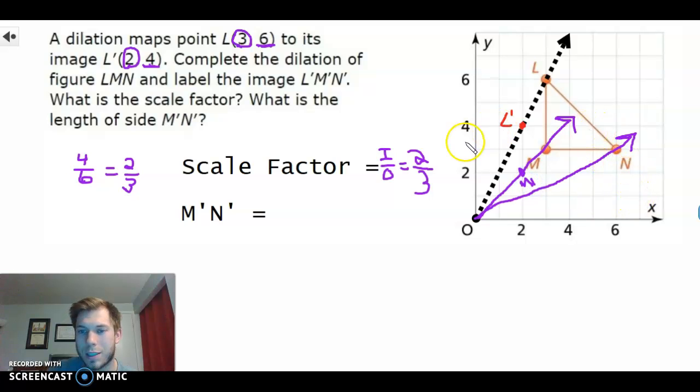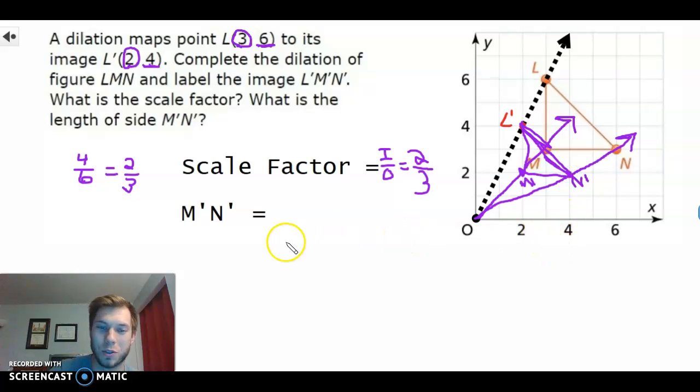N was 6, 3. 6 multiplied by 2/3 gets you 4, and then 3 multiplied by 2/3 gets you 2. So N prime falls right there.